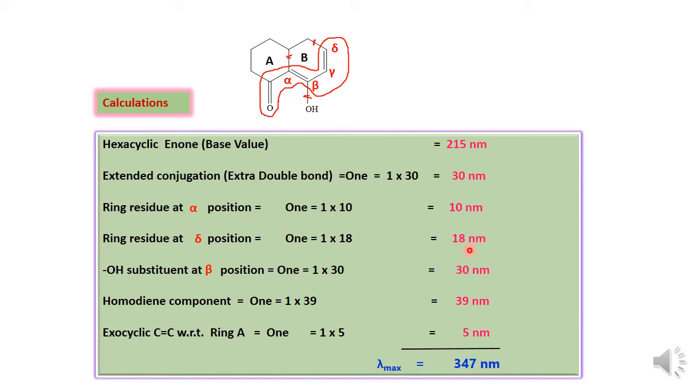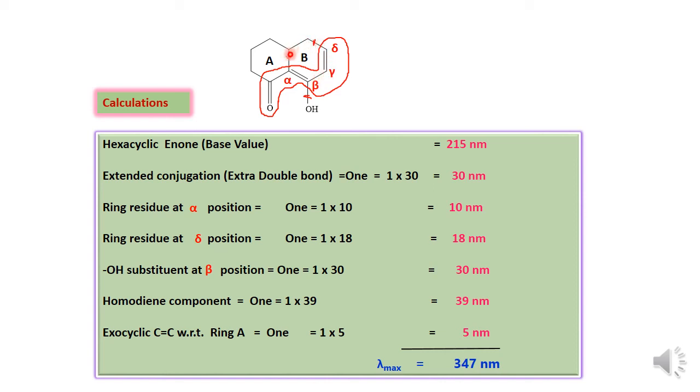Now there is another important thing, and students always miss this point. They don't get an idea about this because of the homodiene component. You can see the ring A and B, and the homodiene component means what? Two conjugated double bonds present in the same ring is called a homodiene component.